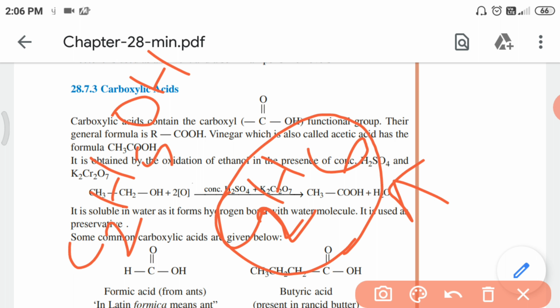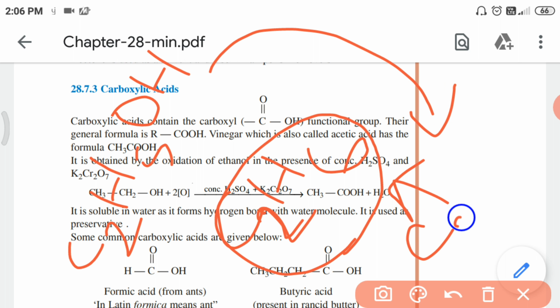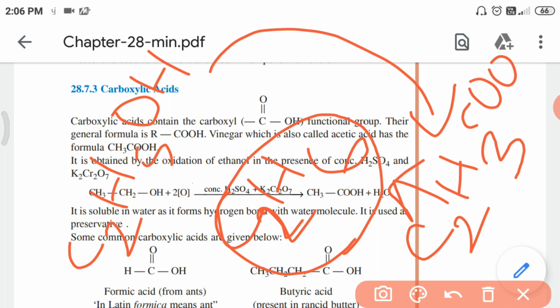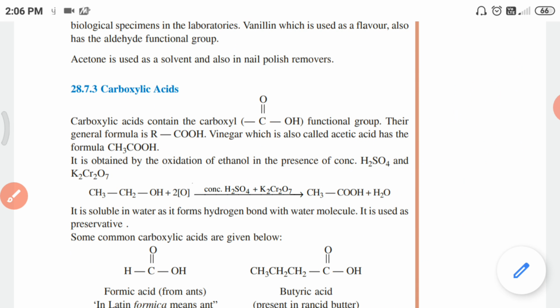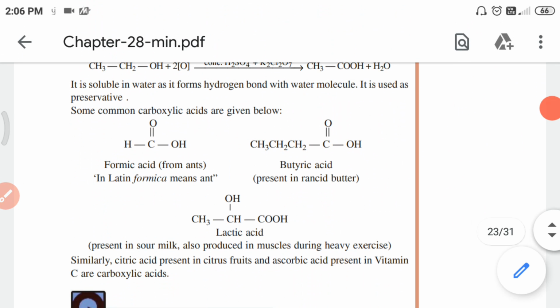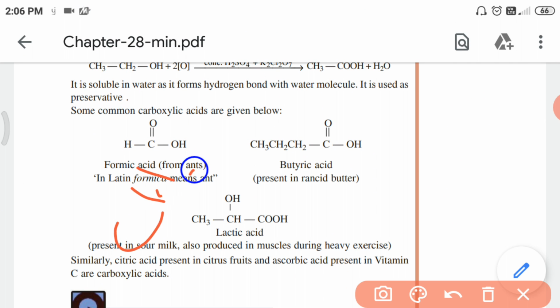Again, this ethanol is changed to ethanoic acid or acetic acid, or we can write CH3CH2OH, CH3COOH.